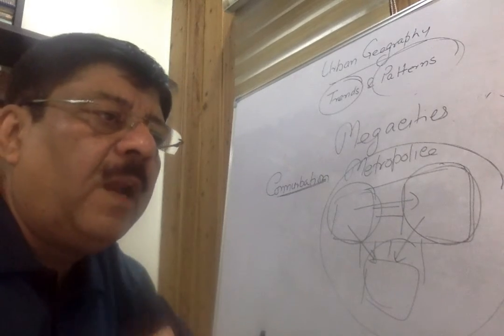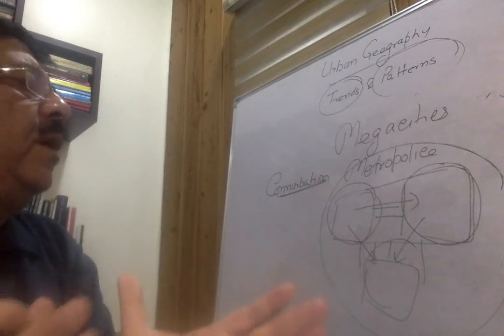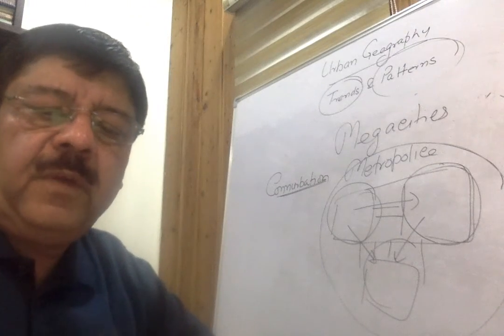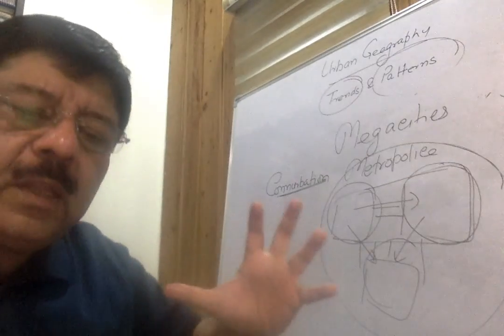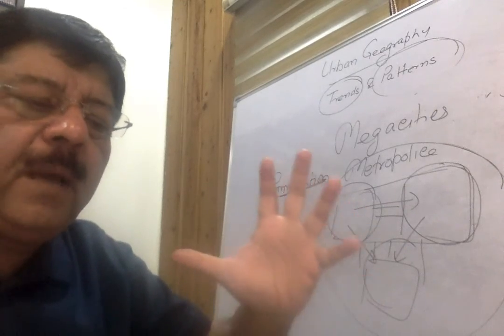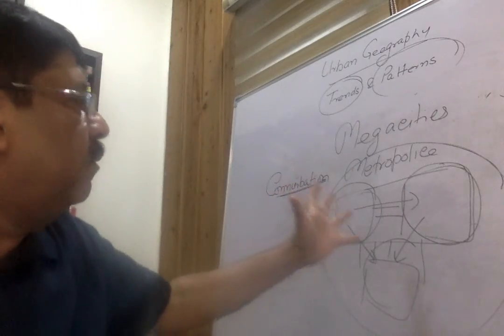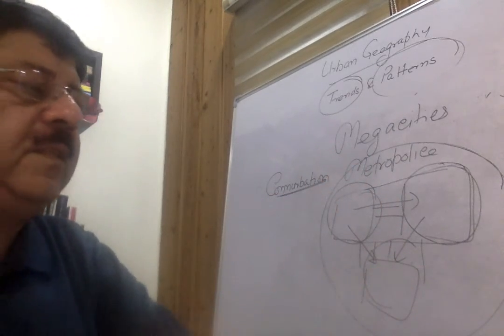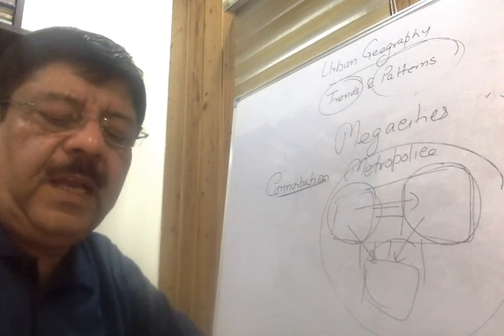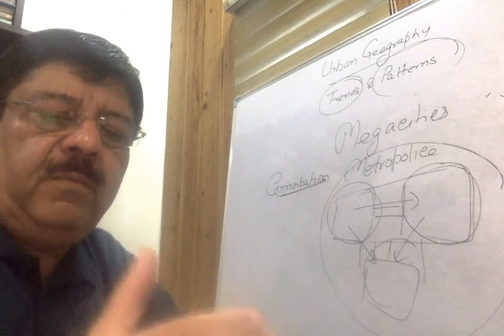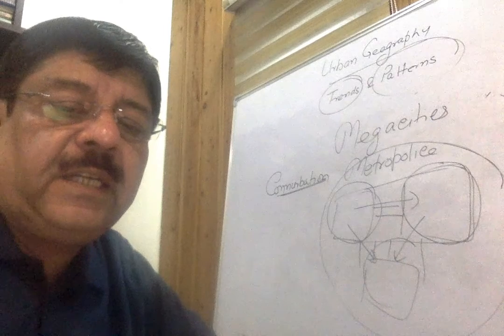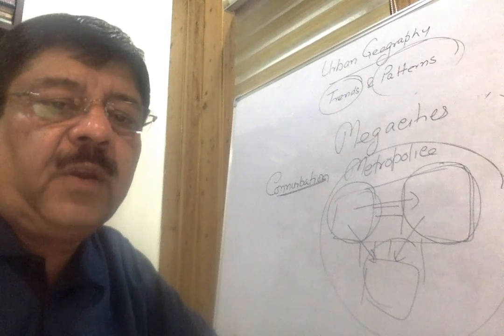The world will become a big conurbation in itself, a big urban entity with some patches in between of rural areas or primary sector areas. So that is the pattern in the world's urban growth.